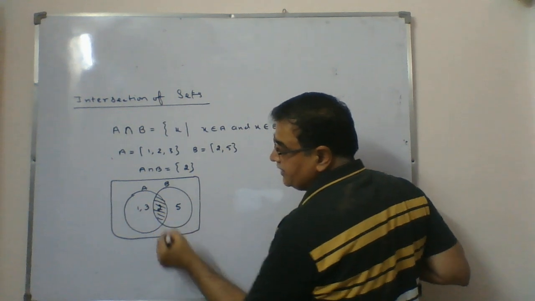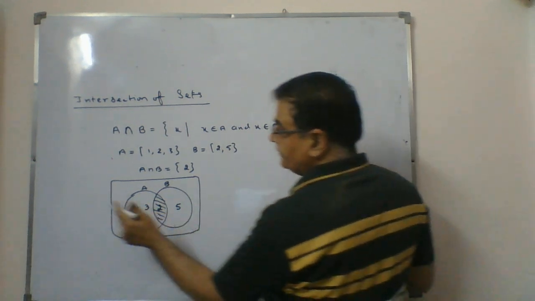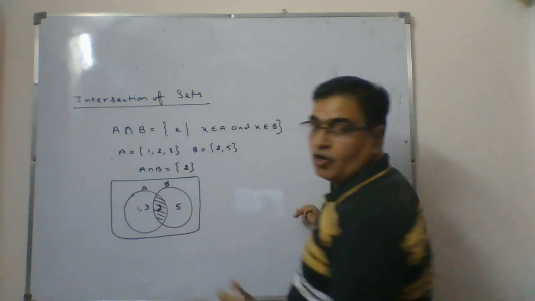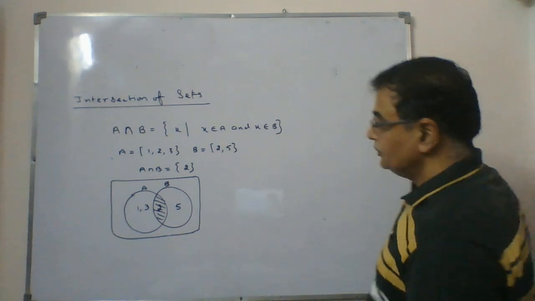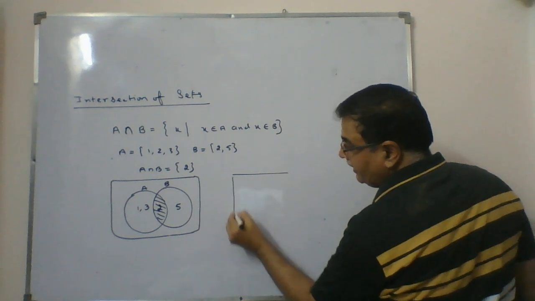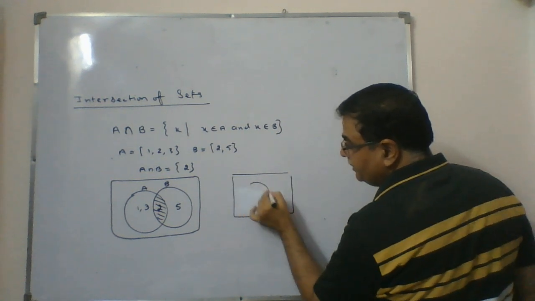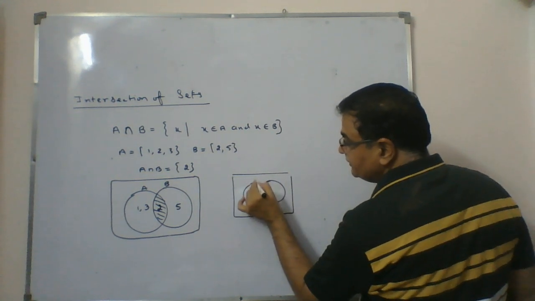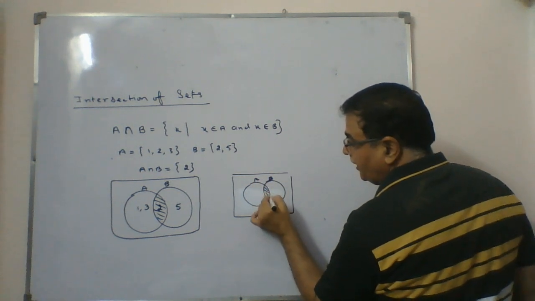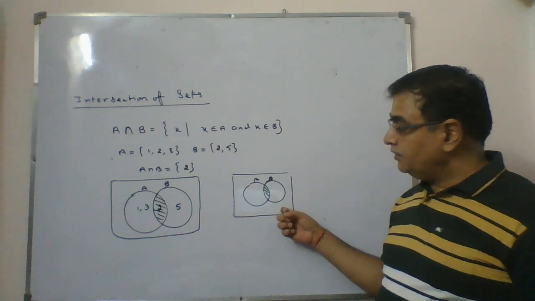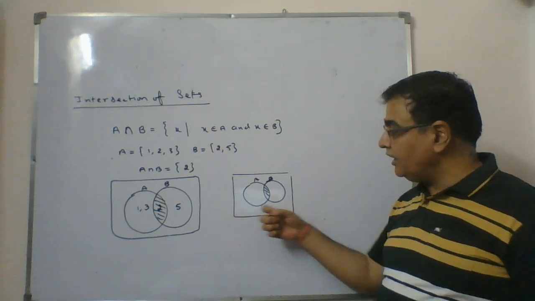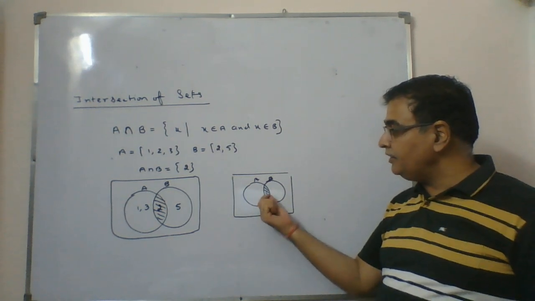So whenever I say intersection, only the common portion among A and B will be taken into consideration. So whenever they say make the Venn diagram of A intersection B, I should consider this part. So this is A intersection B. Clear?